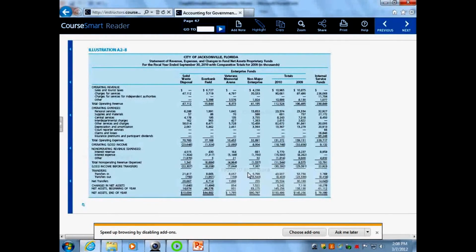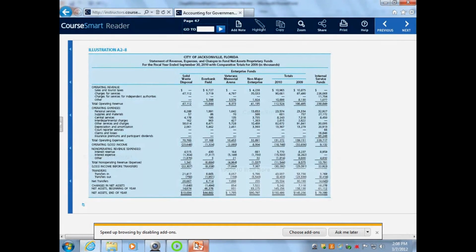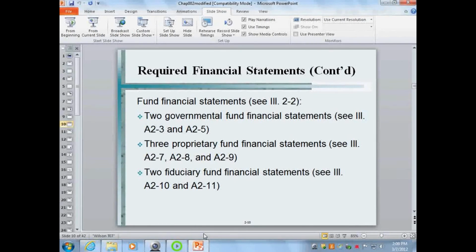Again, each of these that I'm showing you, we can spend a whole chapter on, so that's why we're going to go through it, but don't be concerned. Right now, I just want to introduce you to the statements themselves. Okay, now we come to the fiduciary fund financial statement. This is also no stress, because you know what?